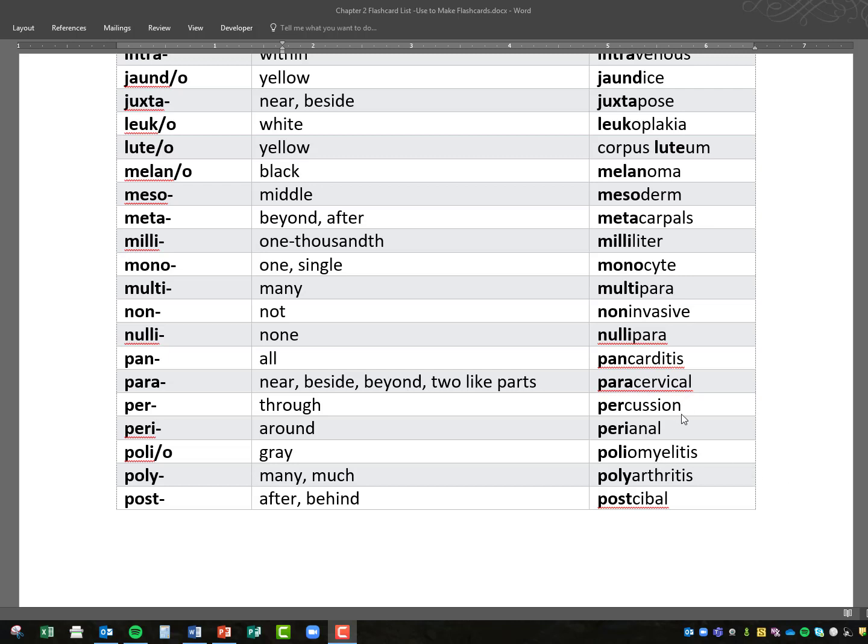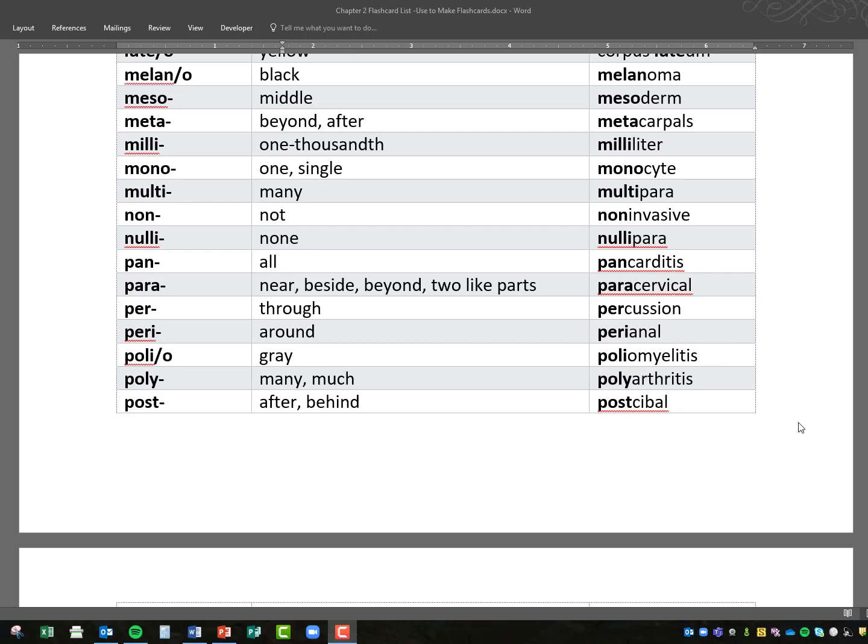I have percussion here, but there's also percutaneous, which means through the skin. Let's see. Peri, around. Any female that's given birth will remember possibly a peri bottle, and that was used to clean around the area. So that's how I remember peri.